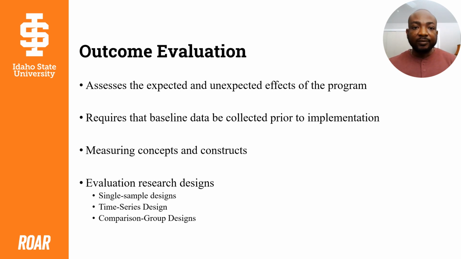Another type of research design for evaluation is the time series design. This is a single group design with multiple measures, and it's an improvement over the single group design that we have described. A time series design takes the measurements over an extended period of time to determine whether intervention effects are sustained.